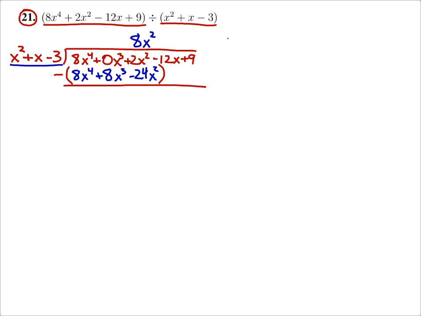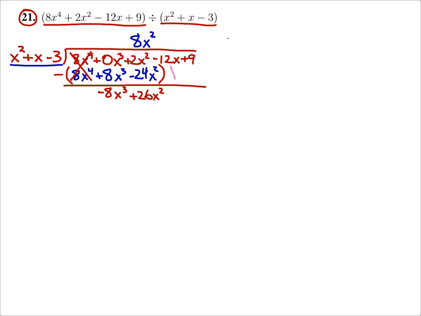And we should first notice, as we subtract, that 8x to the fourth minus 8x to the fourth is gone. That means we were successful. But we continue on. 0x to the third minus 8x to the third is negative 8x to the third. 2x squared minus negative 24x squared is 26x squared.